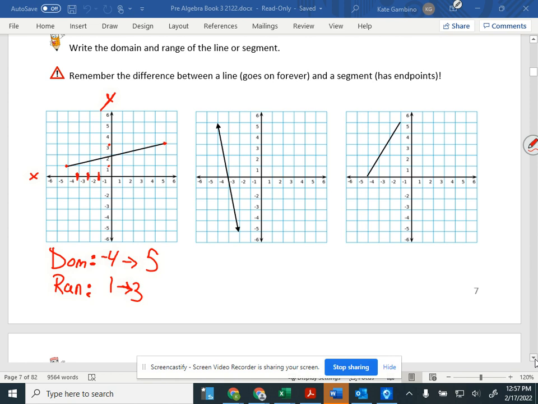Now we're going to teach you a new symbol, and I'm looking up real quick what the symbol is supposed to look like, because Mr. Schultz is a little bit sloppy. I'm trying to show you what our range would be for the domain. Is it a line or a segment? Line. So if it's a line, what is our domain?